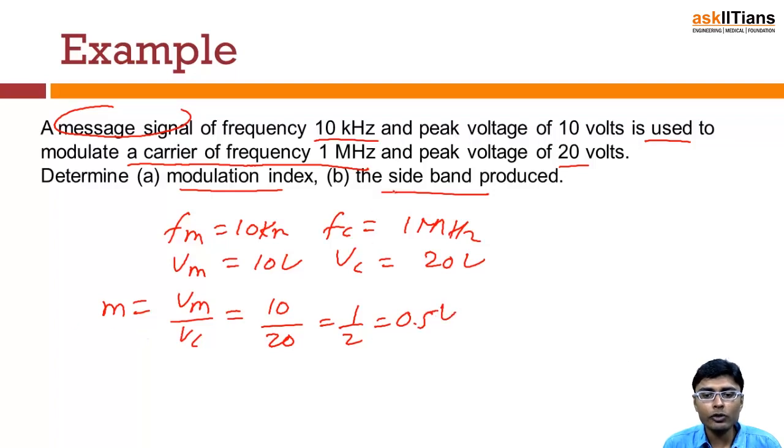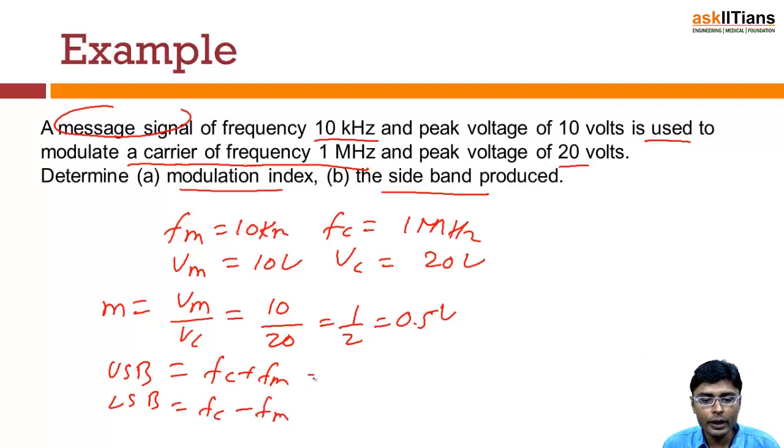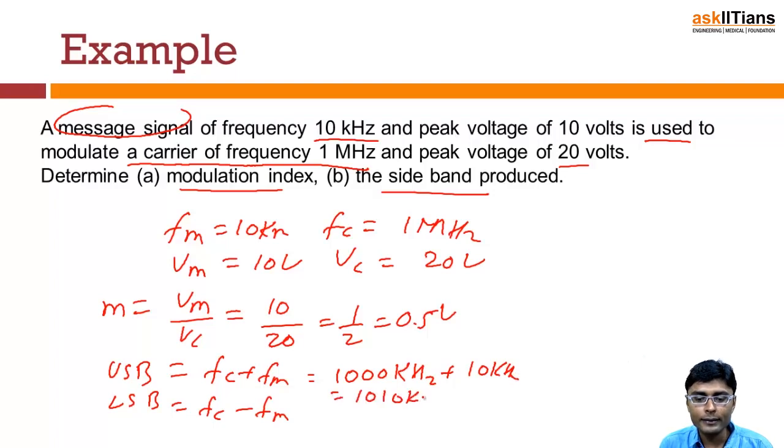The second part is to find the sidebands, and we know there are two sidebands, upper sideband and lower sideband. The upper sideband is equal to FC plus FM and the lower sideband is FC minus FM. FC is given as 1 megahertz, or we can consider it as 1000 kilohertz, and FM is 10 kilohertz, so the upper sideband becomes 1010 kilohertz.